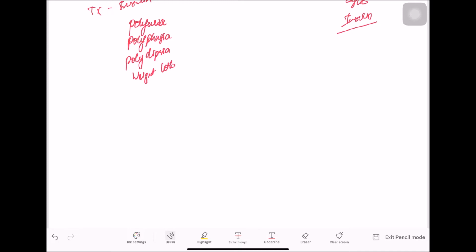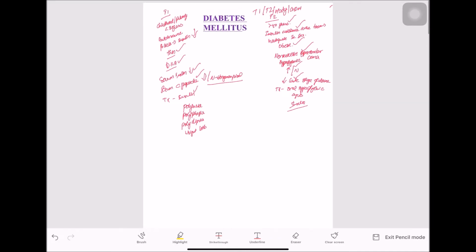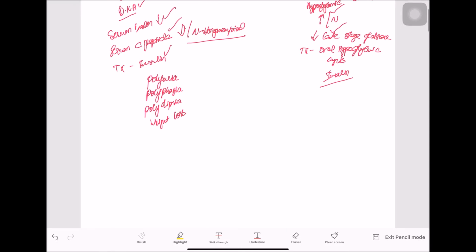In type 1, there will be weight loss. In type 2, there will be increased body weight, they will be obese. So these are the main symptoms of diabetes mellitus: polyuria, polyphagia, polydipsia, and weight loss.